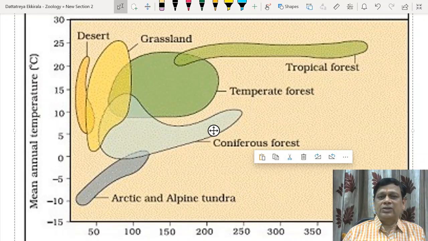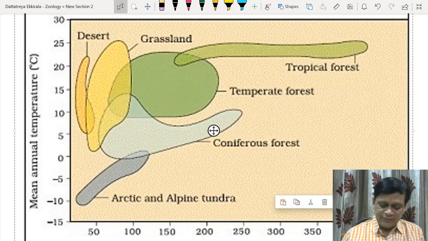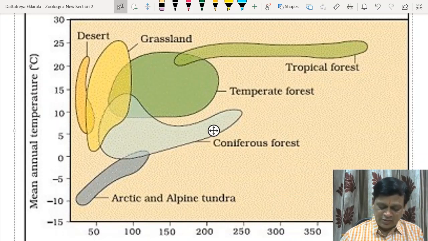In a particular summer, the peak may sometimes be seen in desert, but that is not the only criterion. Now, next, you see, coniferous forest goes to much lower temperatures than the temperate. Temperate forest will have lower temperatures than tropical forest. So these are some special characters of these.